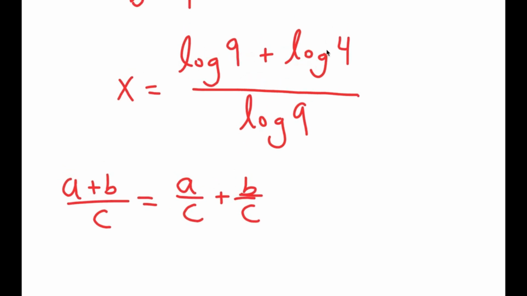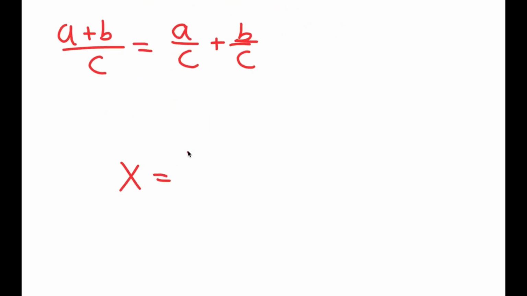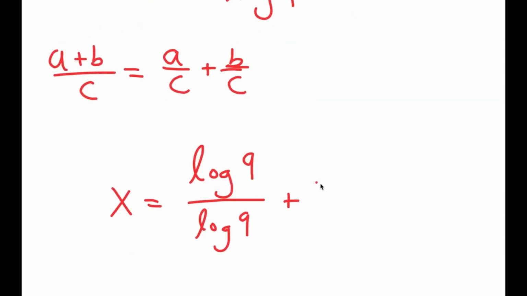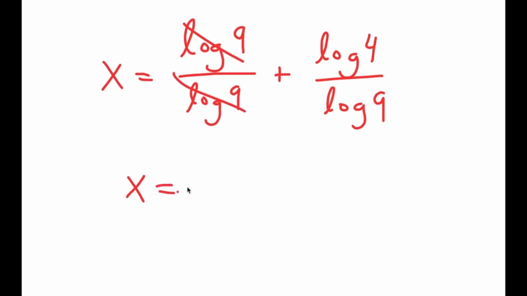So I have log 9 plus log 4 over log 9. And I'm going to rewrite this as log 9 over log 9 plus log 4 over log 9. Now, anything over itself equals 1. So log 9 and log 9 cancel out. And I get 1 plus log 4 over log 9.